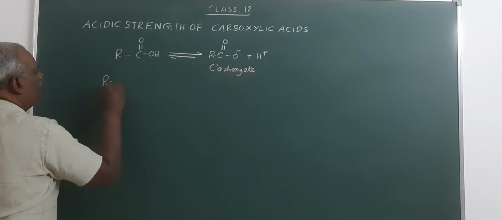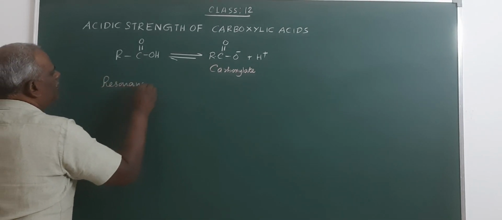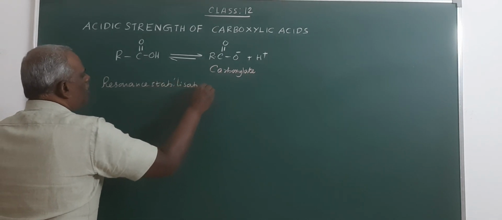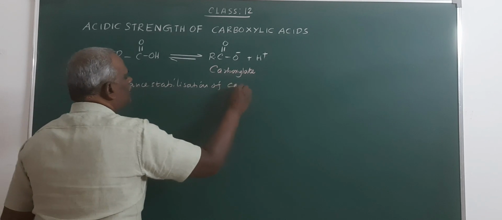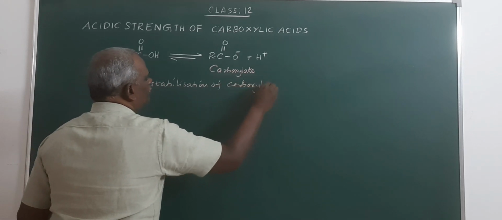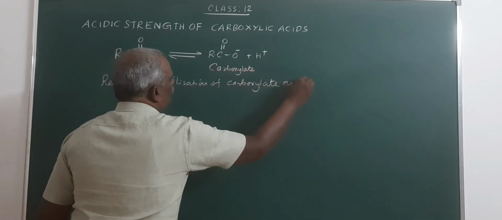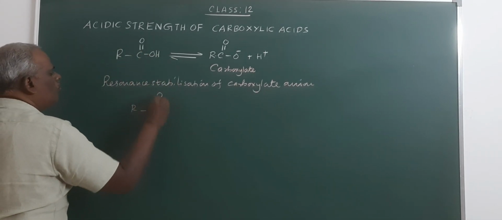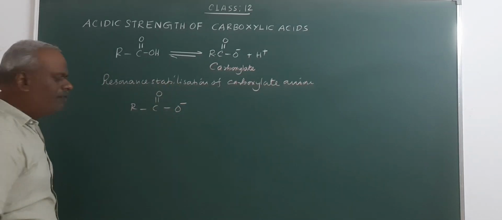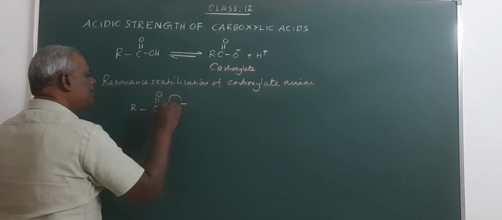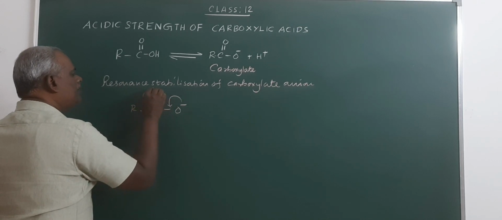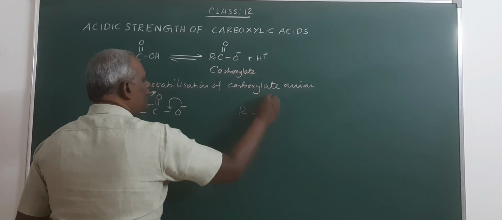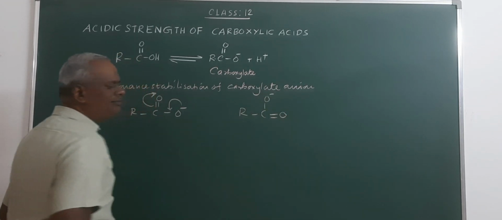It is explained by the resonance stabilization of the carboxylate anion. So this is the way to understand. RCOO minus: when the pair of electrons migrates here, the bond breaks between the carbon and oxygen, so that we can have a resonance structure as follows.